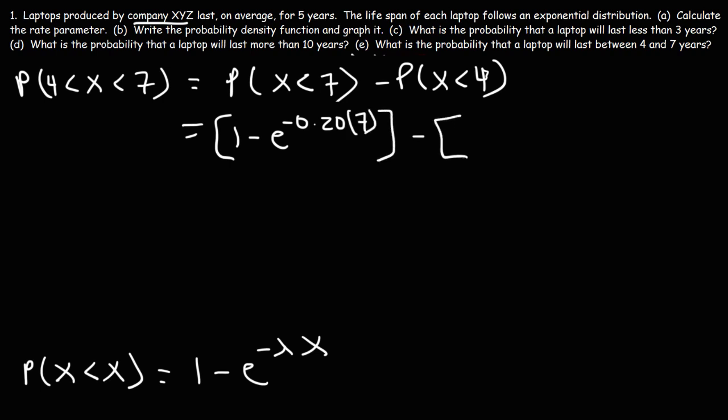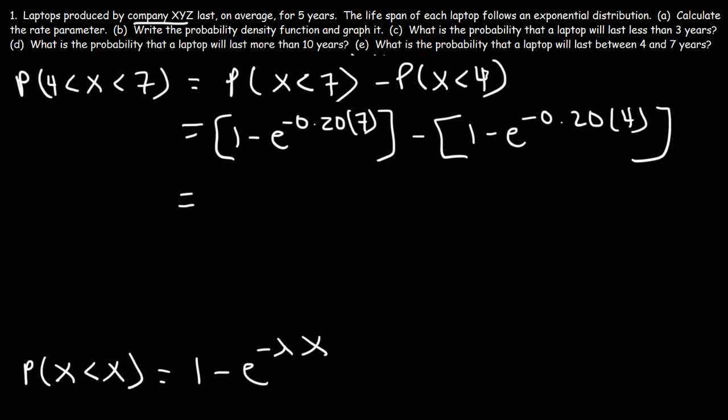And the probability that x is less than 4 is going to be 1 minus e to the negative 0.20 times 4. So the first one is going to be 1 minus e to the negative 1.4, since 0.2 times 7 is 1.4.